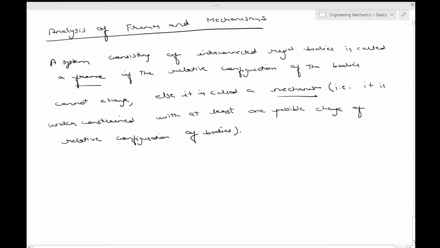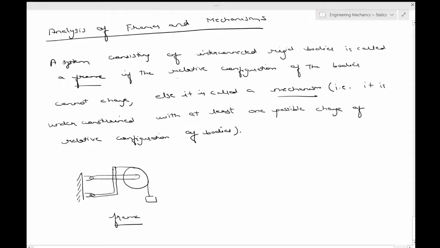So let me just show. So this is a frame.